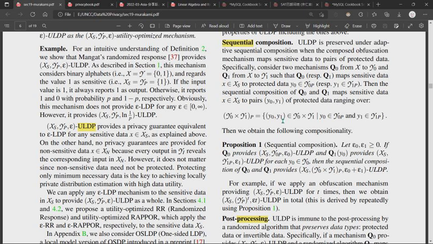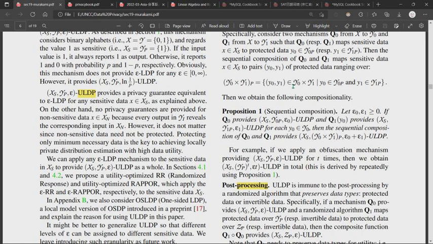Data, yeah, to represent the data like that.